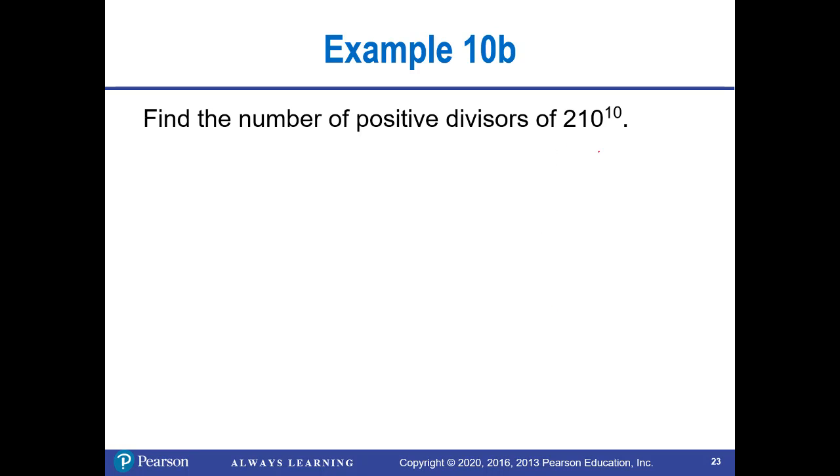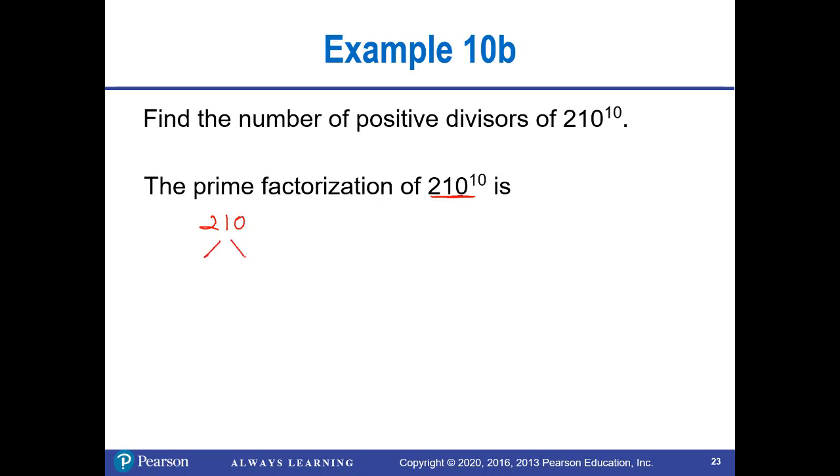So this number is 210 times itself 10 times, which I'm not going to write. To find the prime factorization of 210 to the 10th, we just find the prime factorization of 210. That's 21 times 10. Notice how divisibility rules make this so much quicker for us.